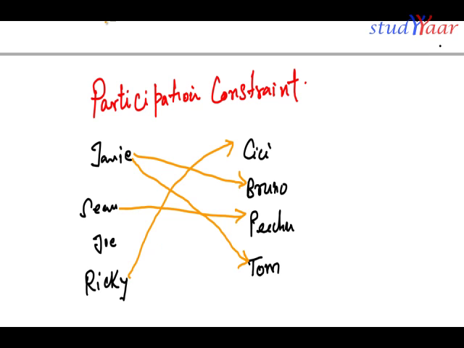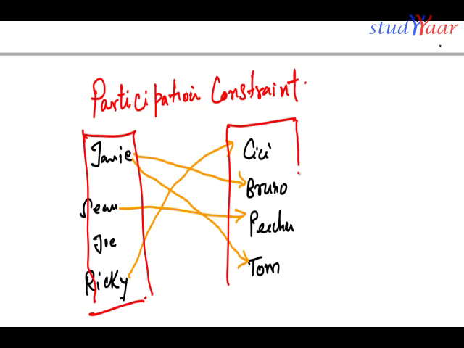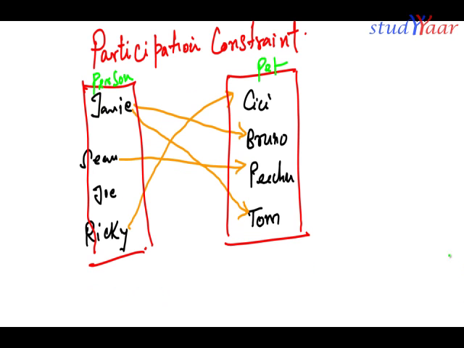So now I see that this is the person entity set, and this is the pet entity set. Now I see in this owns relationship, there is a guy named Joe who does not own a pet, which means he does not participate in the relationship owns. Okay?